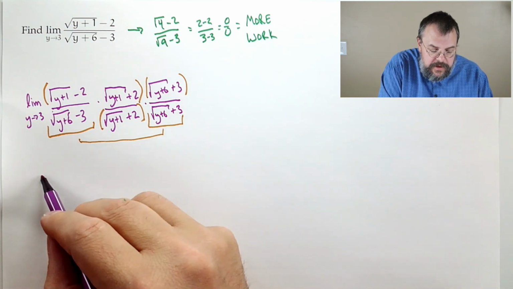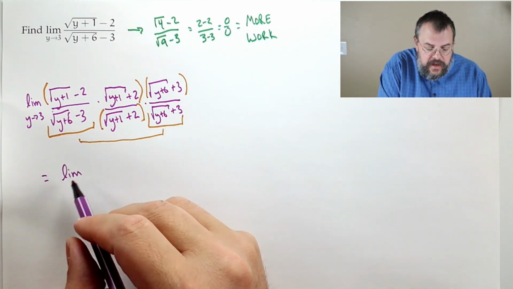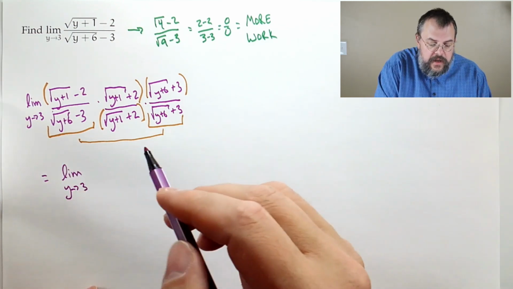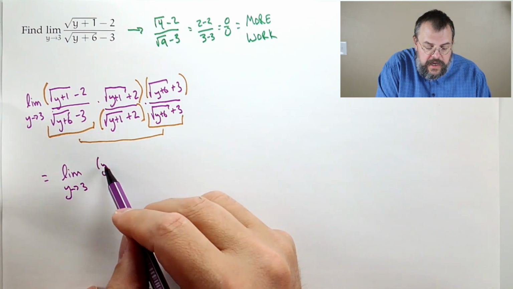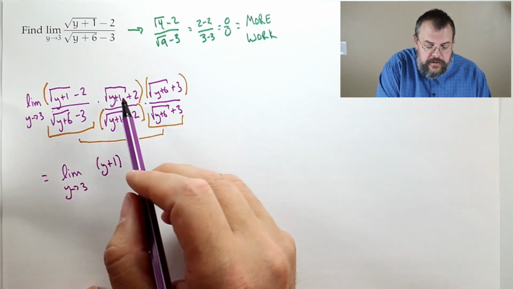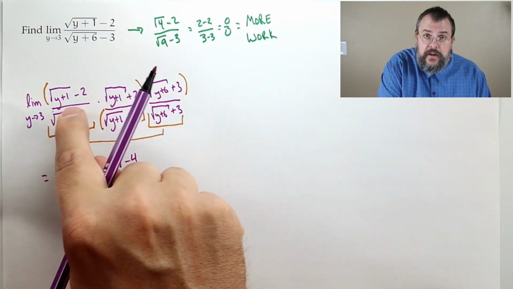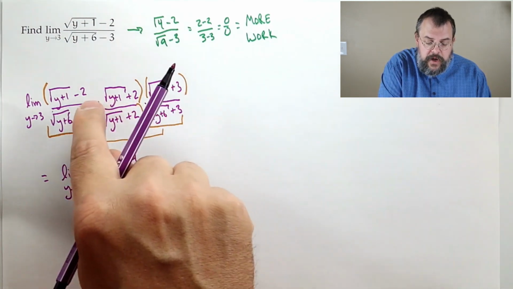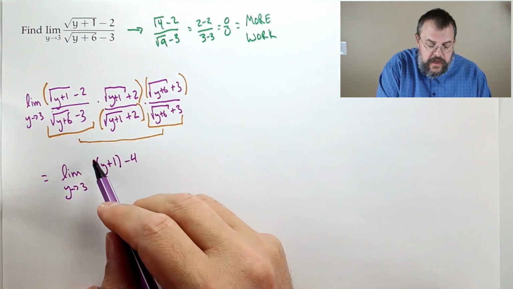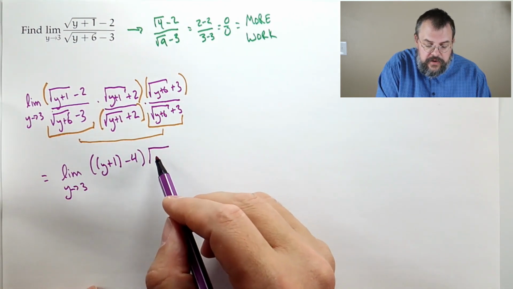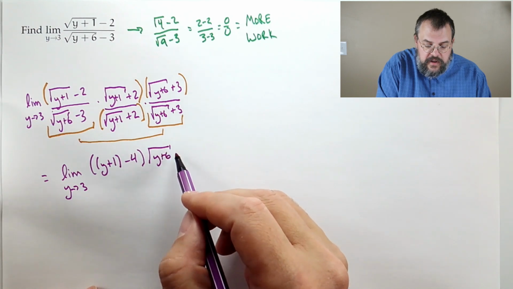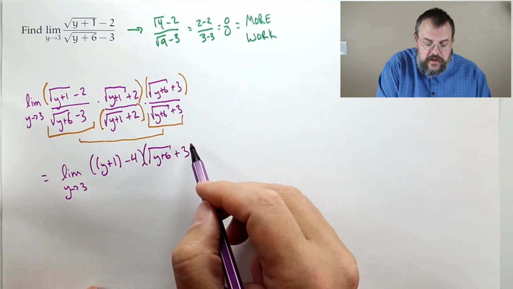We're still taking our limit. So this is our limit as y goes to 3. Upstairs, we have y plus 1 minus 4. A squared gets rid of the square root, b squared, 2 squared. And then you have the square root of y plus 6 plus 3, in parentheses.